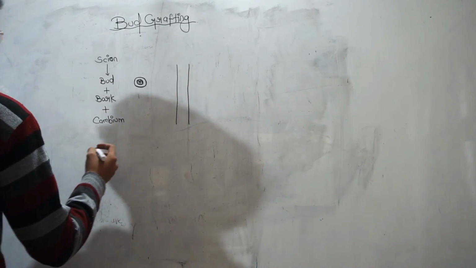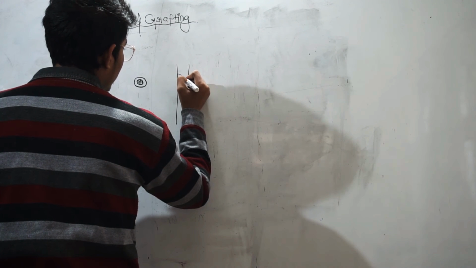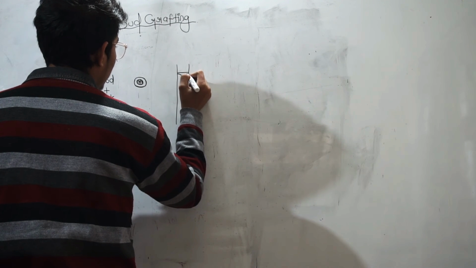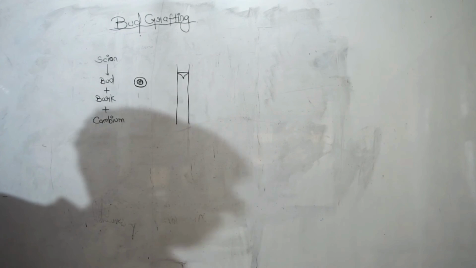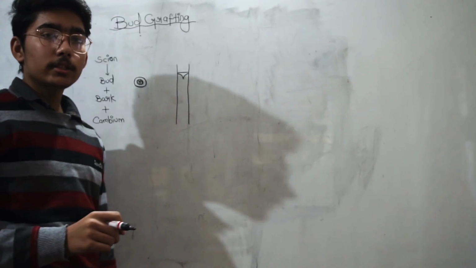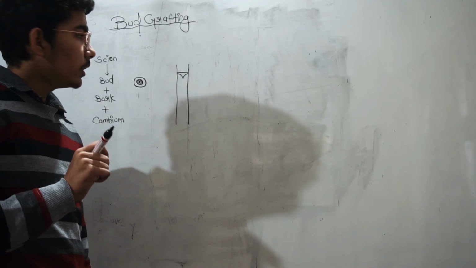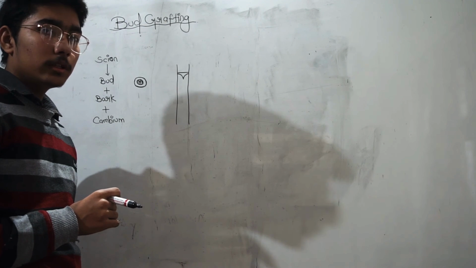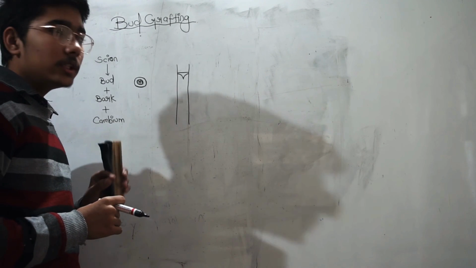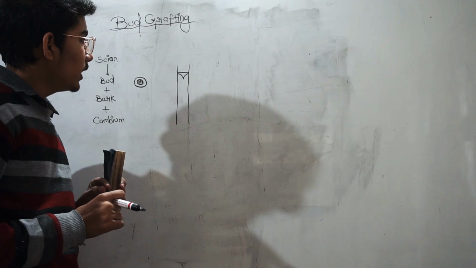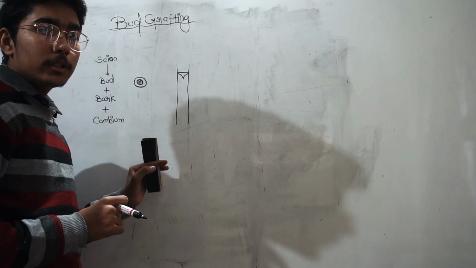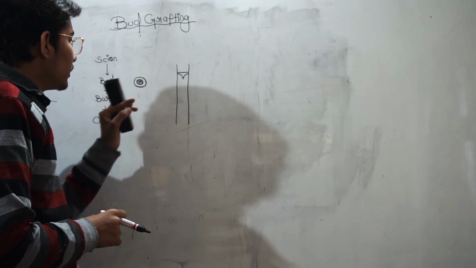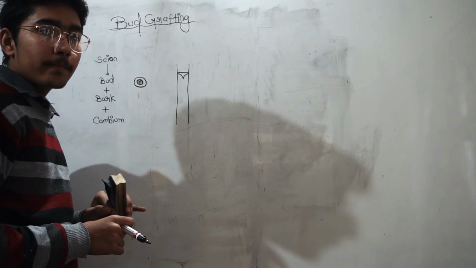So here let's say we have given the cut in the shape of T. Yes, a T shape cut is given in this plant, and the cut needs to be very deep, so that it can reach the cambium which is present inside it. So after giving the cut, we will place this bud over here.